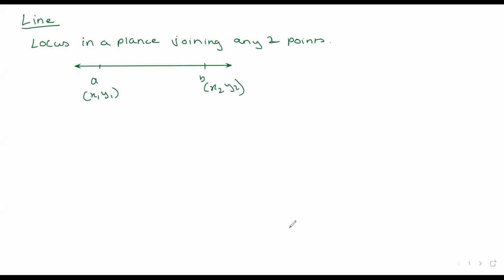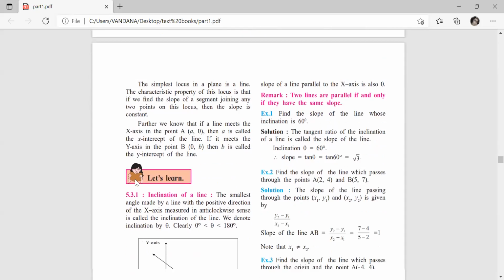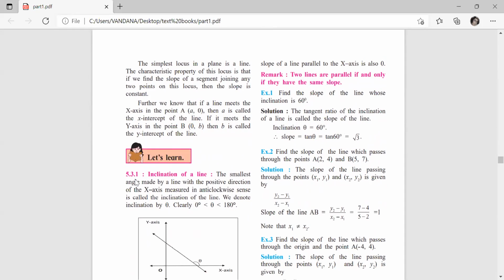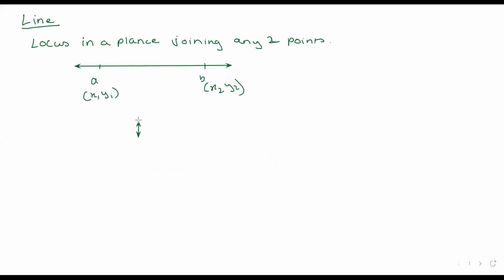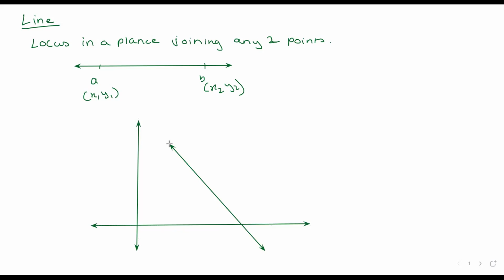Now the next concept of line is inclination of line. The smallest angle made by the line with the positive direction of the x-axis measured in anti-clockwise sense is called inclination. In short, if this is your coordinate axis, and if this is your line, the angle made by the line with the positive x-axis is called inclination.